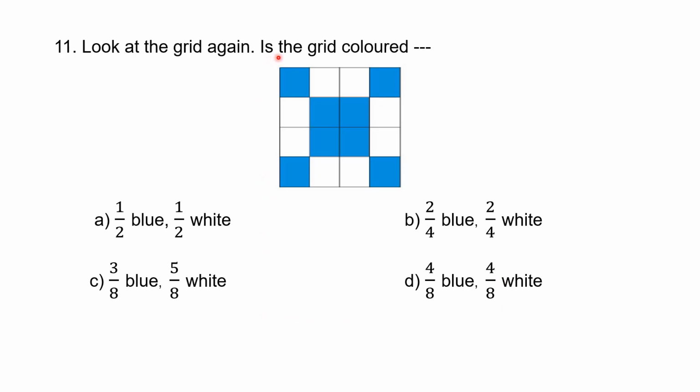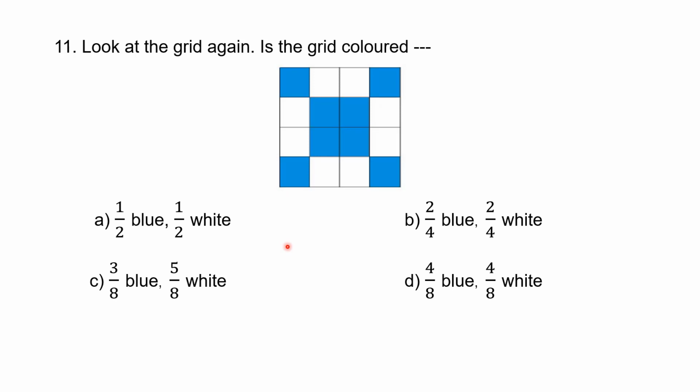Now look at this square grid. It has 16 squares in total. Out of 16 squares, 8 squares are colored blue. 8 squares are white. 8 out of 16 are blue. So the blue colored part is 8 by 16, that is 1 by 2.